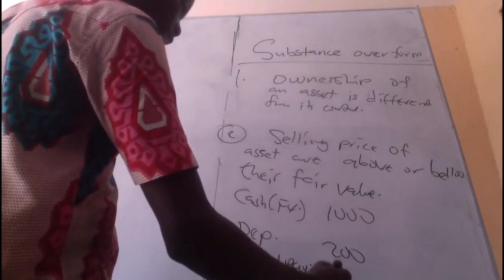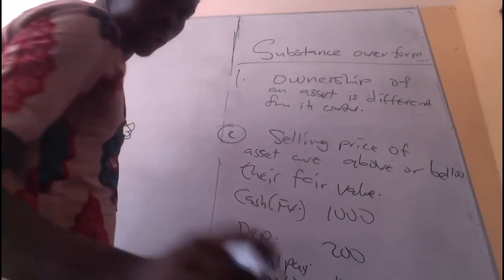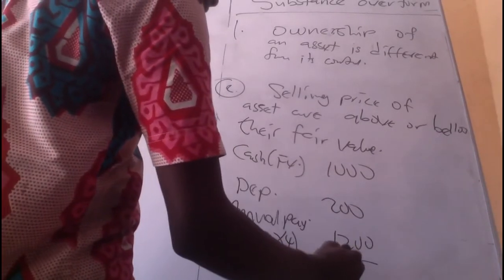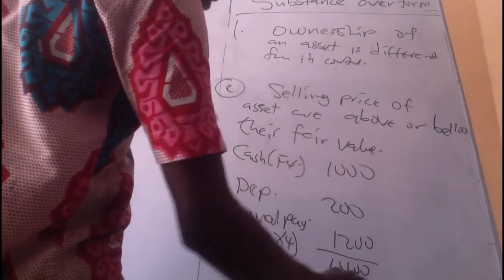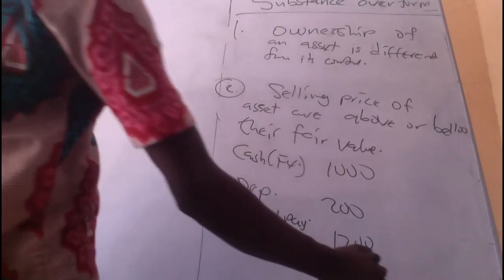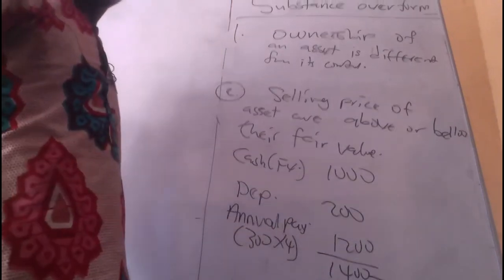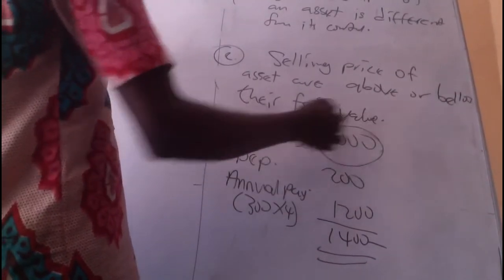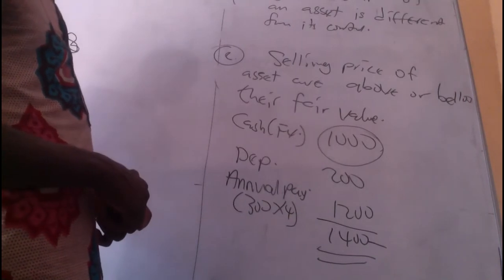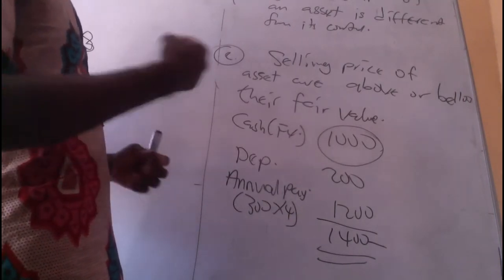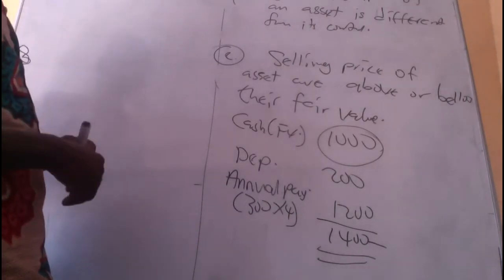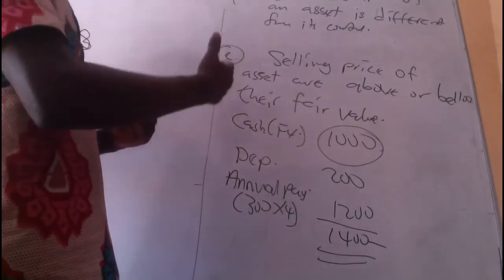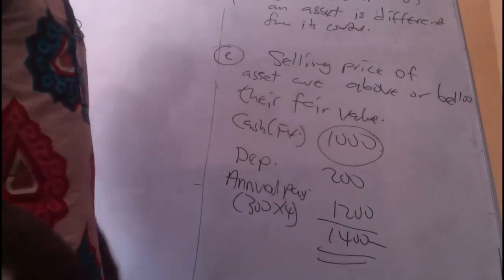That will give me 1,200. If I put all of them together, I'll get something like 1,400. Wow. So the price that I'm selling this at is 1,400, meanwhile the cash price is 1,000 Ghana cedis. So basically there was a difference between the price stated and the fair value of the asset. That's a hire purchase agreement in that situation.